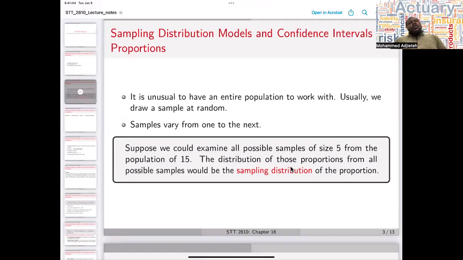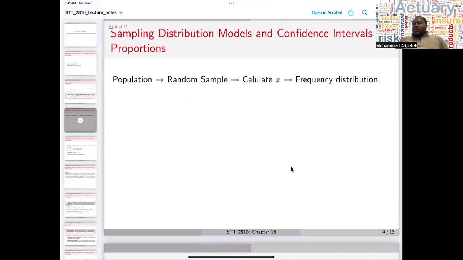Now we are going to talk about the sampling distribution, and I'm going to use an example to explain the idea behind sampling distribution. So, what is sampling distribution? So let's say that we have this population here.